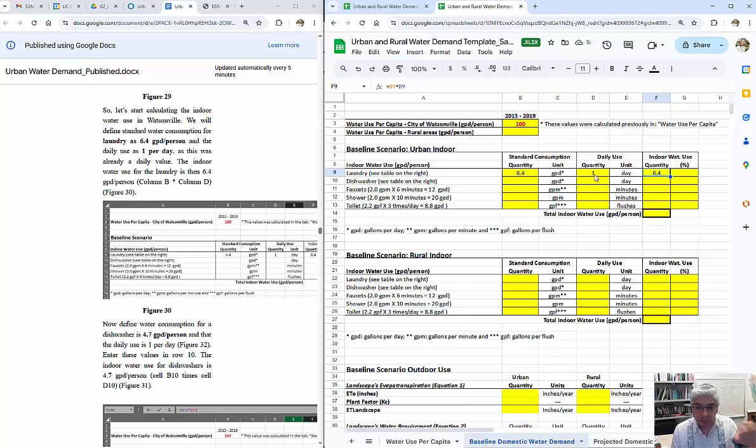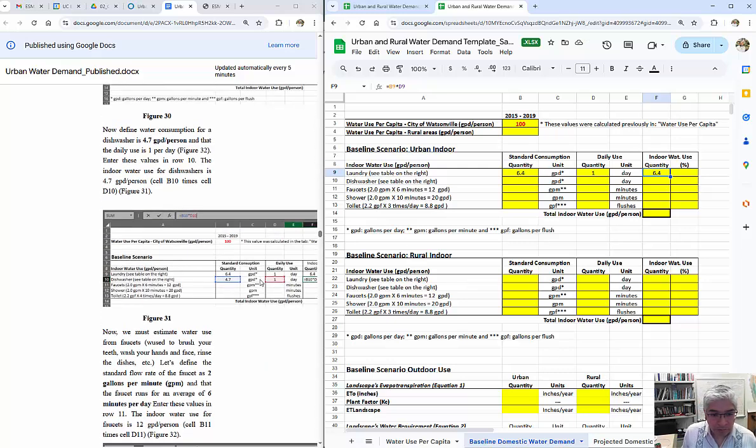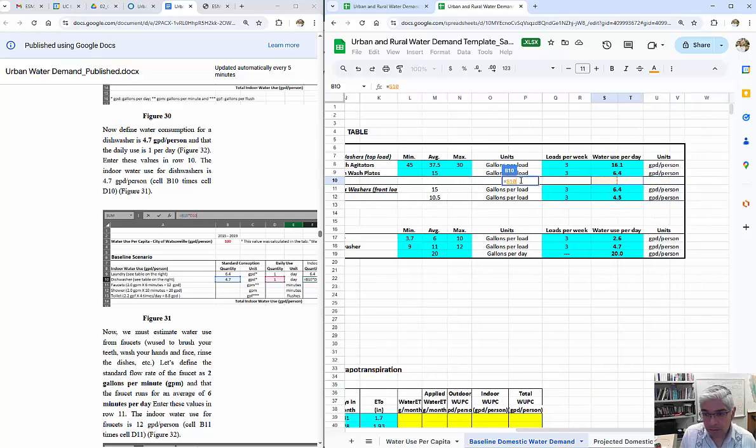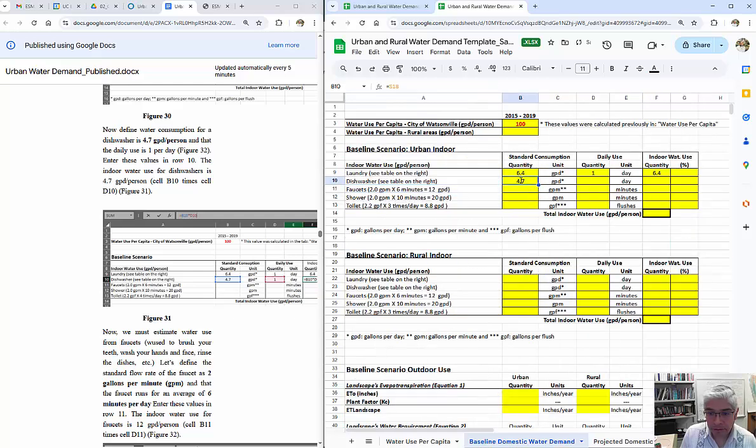So it's about 6.4 gallons per person per day. For the dishwasher, we're gonna be using the one that is 4.7. This guy here. Okay. We use it only once, and then here it is the same.